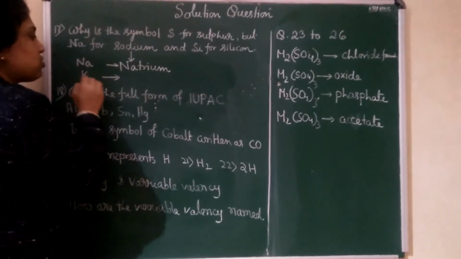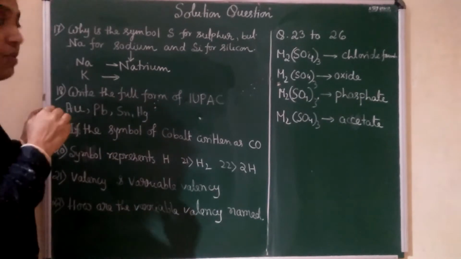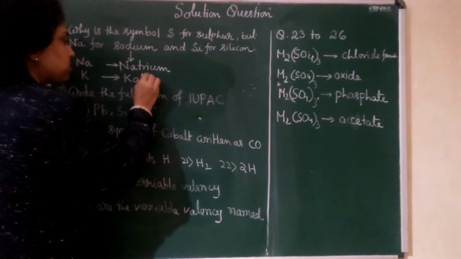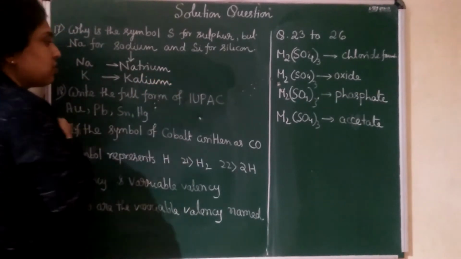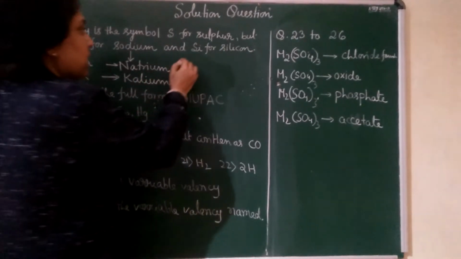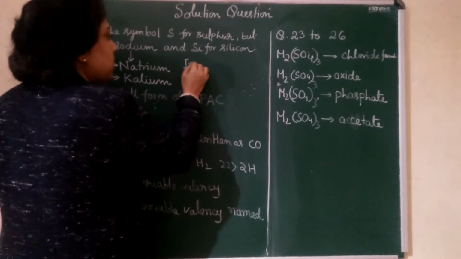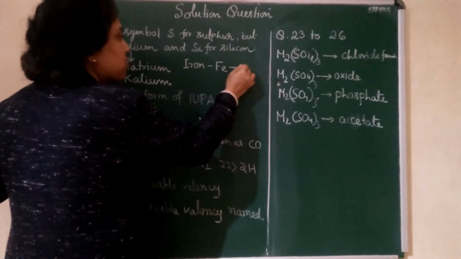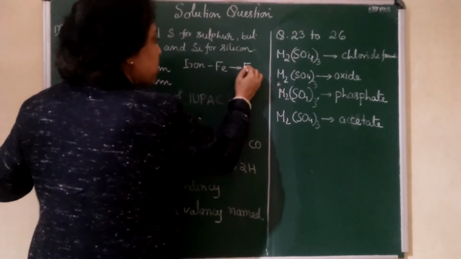K is potassium, we don't write P. Why? Because the scientific name is kalium. There are many, like iron. The symbol we write for iron is Fe because it comes from ferrum.